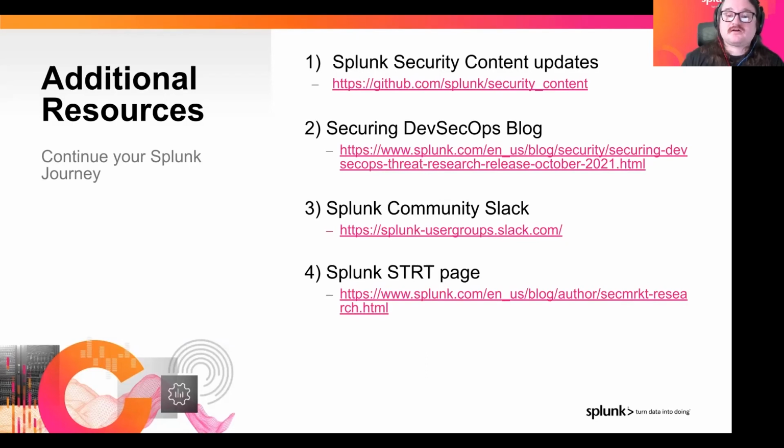Second, the Securing DevSecOps blog, which dives into further detail about how we built this demo environment and the detections contained within the analytic story for securing DevSecOps. And third, the Splunk community Slack, which is a great resource full of other practitioners. And finally, the Splunk Security Threat Research page.